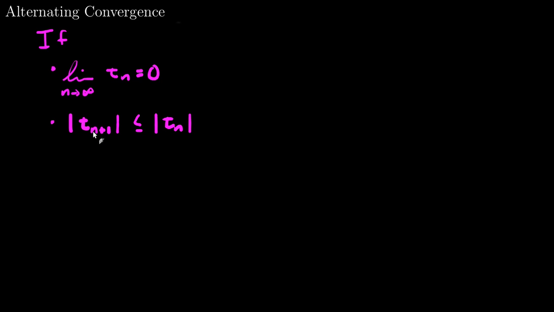It doesn't need to be all the way through, but at some point the terms start decreasing, and it's alternating. That means I go from positive to negative to positive to negative.